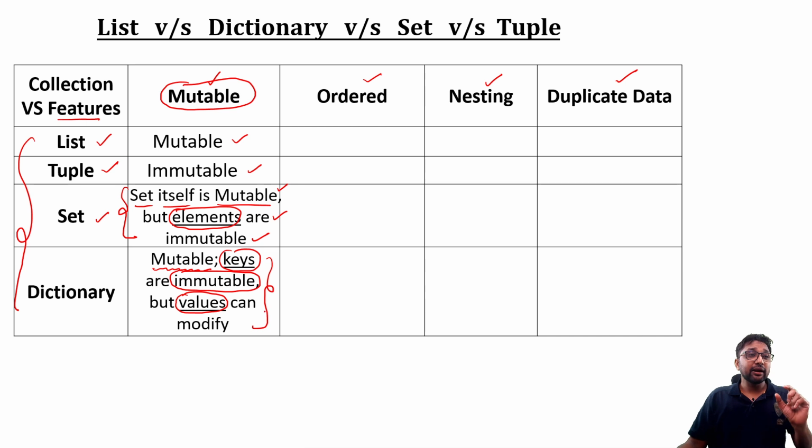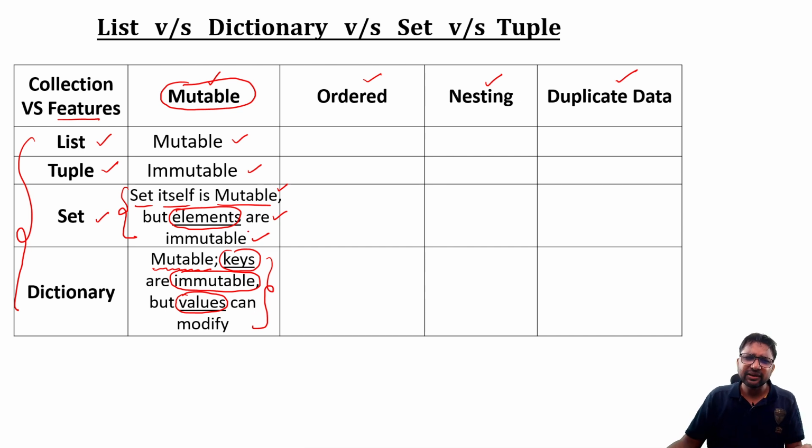If the key could be modified, then we could not apply the hashing. How would we search for the element if we changed the key itself, based upon which we are storing the element in our hash table? So that's why dictionary does not allow us to modify the keys.